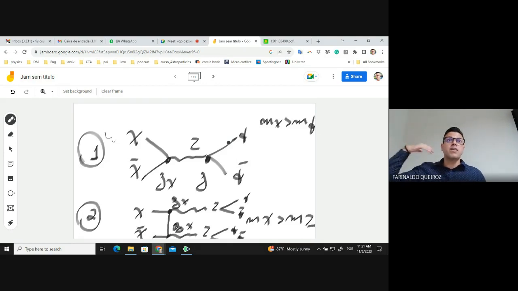So let's say a 1 TeV dark matter particle will give a 1 TeV fermion. And now in the bottom diagram, I have a 1 TeV dark matter particle producing 2 Z's. Then the Z decays, so the energy of those fermions in the final state will be different from the dark matter mass.